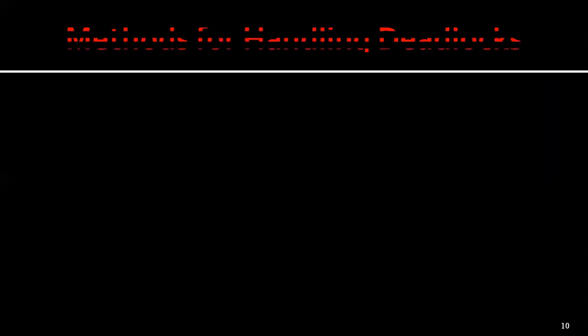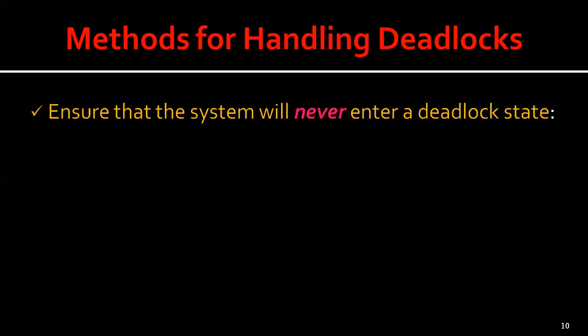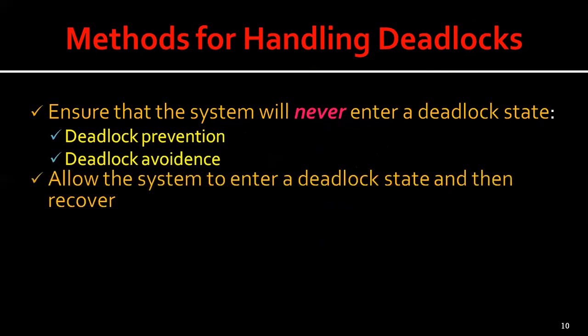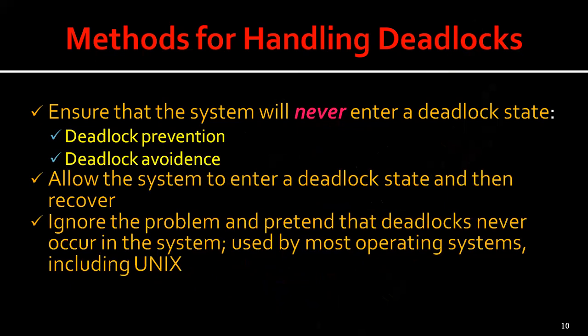Now, let us see the different methods for handling deadlock. To ensure that deadlock never occurs in the system, we can use either the deadlock prevention method or the deadlock avoidance method. If the system does not use deadlock prevention or avoidance algorithms, then a deadlock may occur, so the system must provide an algorithm for deadlock detection and recovery.